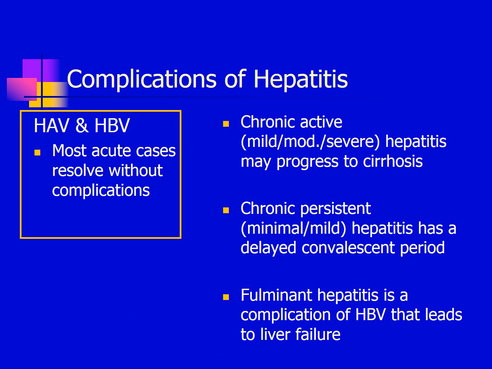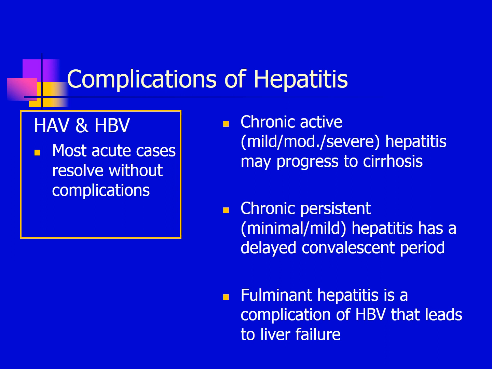Next slide. So there are some complications. Like I said, with hepatitis A and hepatitis B, most acute cases resolve without complication. But like I said, there's chronic active hepatitis B, mild, moderate, severe, right, which may progress to cirrhosis.